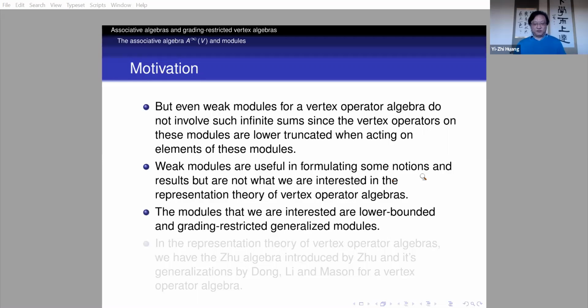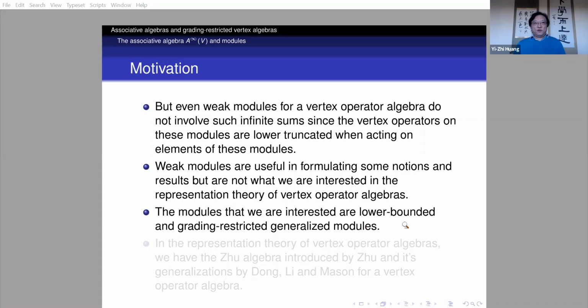In the representation theory of vertex algebras, we are interested in lower bounded or grading restricted generalized modules. Actually, the grading restricted generalized modules are really the modules we are interested in. The lower bounded generalized modules are important. Why?